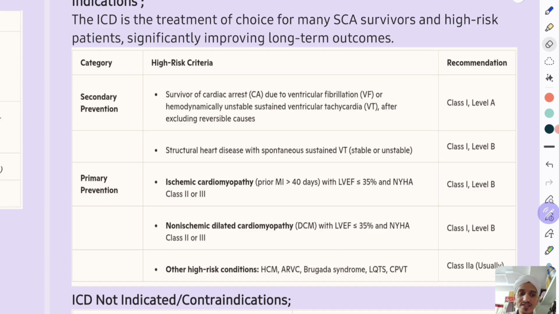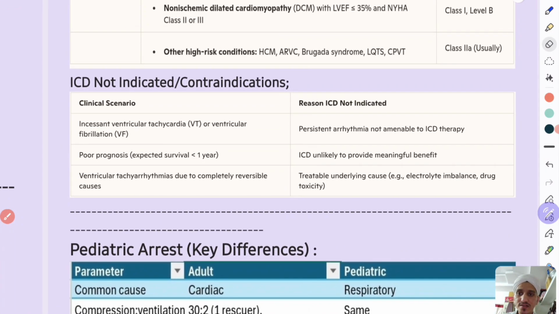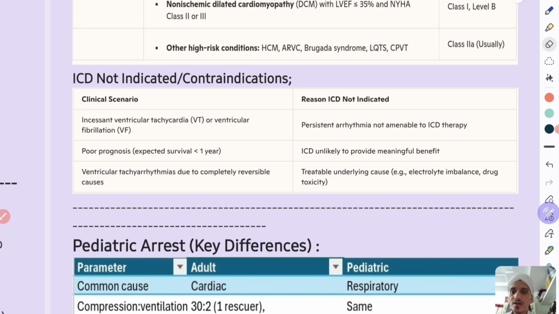So ICD we have discussed in previous videos. You can go and watch that. Where it is not indicated: clinical scenario of incessant ventricular tachycardia or ventricular fibrillation. Incessant means persistent arrhythmia not amenable to ICD therapy, the arrhythmia is not resolving.